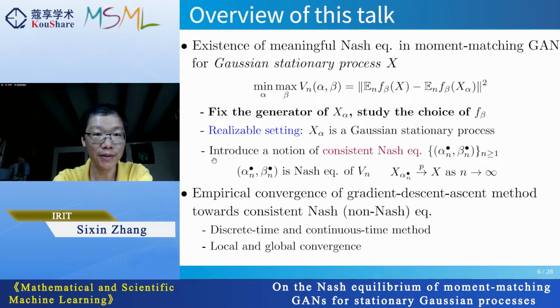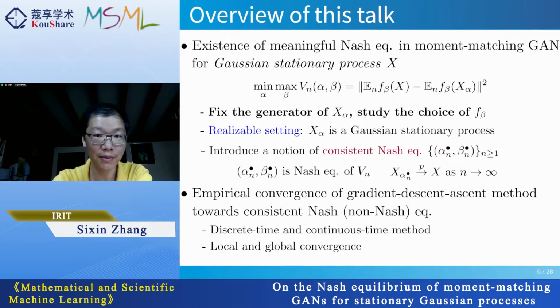And what's interesting is that in this realizable setting, we can introduce a notion of consistent Nash equilibrium, as in classical maximum likelihood estimation: the solution is a consistent Nash equilibrium if alpha_n dot, beta dot is a Nash equilibrium, and moreover, as the data sample size increases, the distribution converges to the right one.